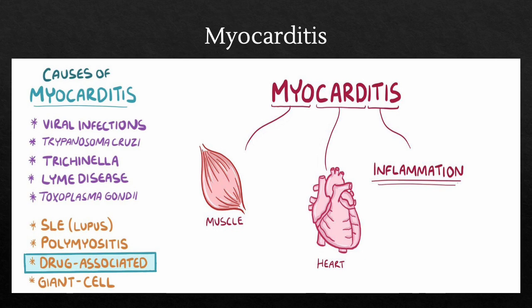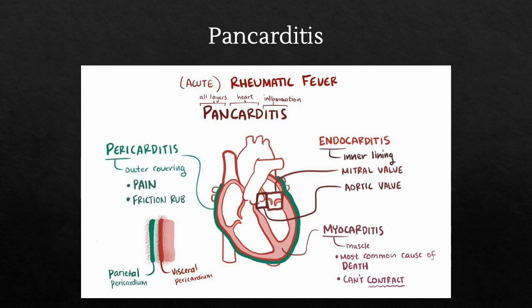It is when there's inflammation of the heart muscle. You can also have a pancarditis, which is pericarditis, endocarditis, and myocarditis, mostly caused by acute rheumatic fever, and it's when all the layers of the heart are involved.